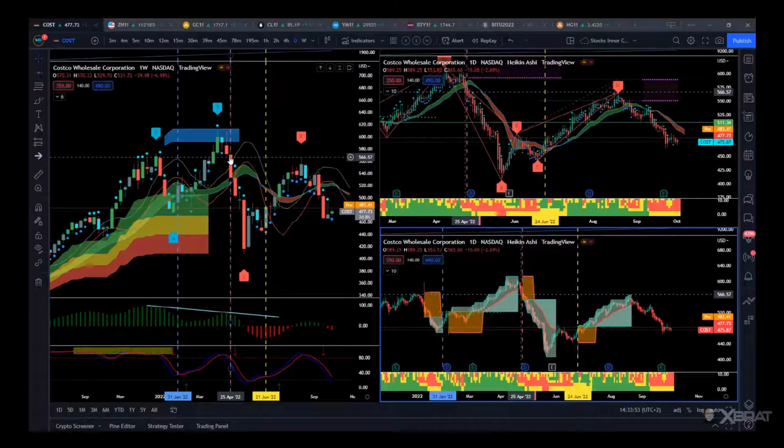Now, I'm not saying this is the bee's knees and this is all you'll need, because this is only 3 of the 6 xBrat trading indicators that we use for different types of strategies and market conditions. But combining these 3 together, the Elliott wave, the harmonic pattern, and the roller coaster, you are going to have multiple swing trading opportunities on stocks.